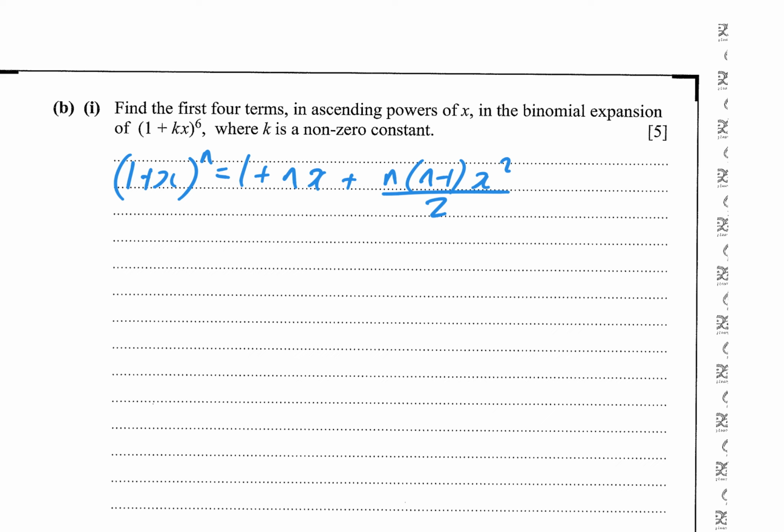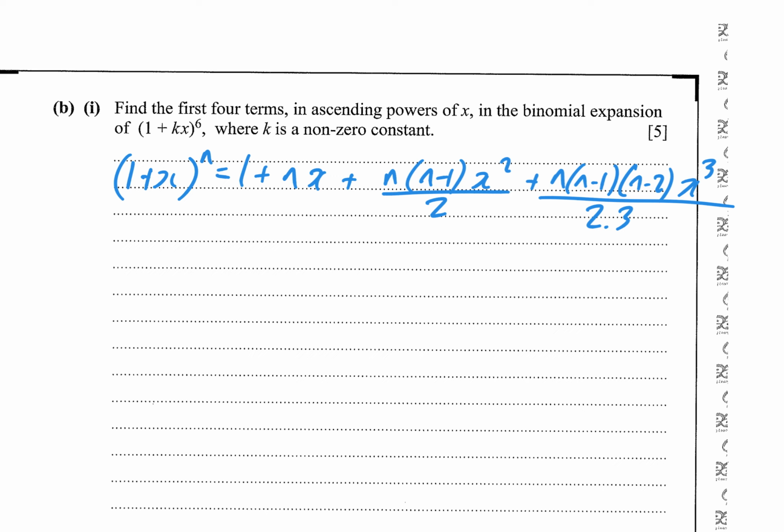And then the next term would be n times (n minus 1) times (n minus 2) times x cubed all over 2 times 3, which could be written as 3 factorial as well.